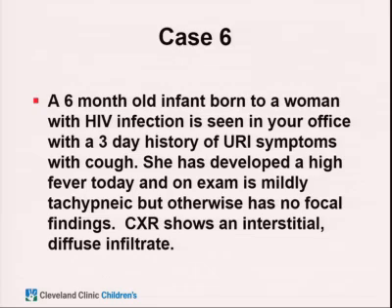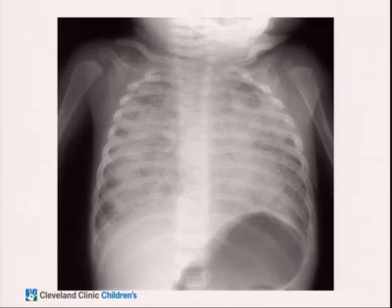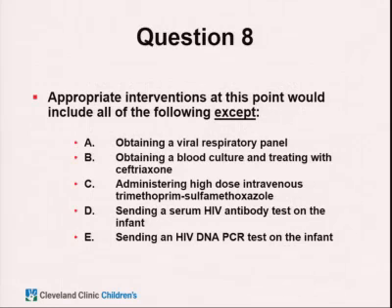All right, so case 6 is a 6-month-old baby born to a woman with HIV infection, and she has a 3-day history of URI symptoms and cough. Today she's developed a high fever, and on exam she's mildly tachypneic, but otherwise has no focal findings. And the chest x-ray shows an interstitial diffuse infiltrate. Pretty bad.